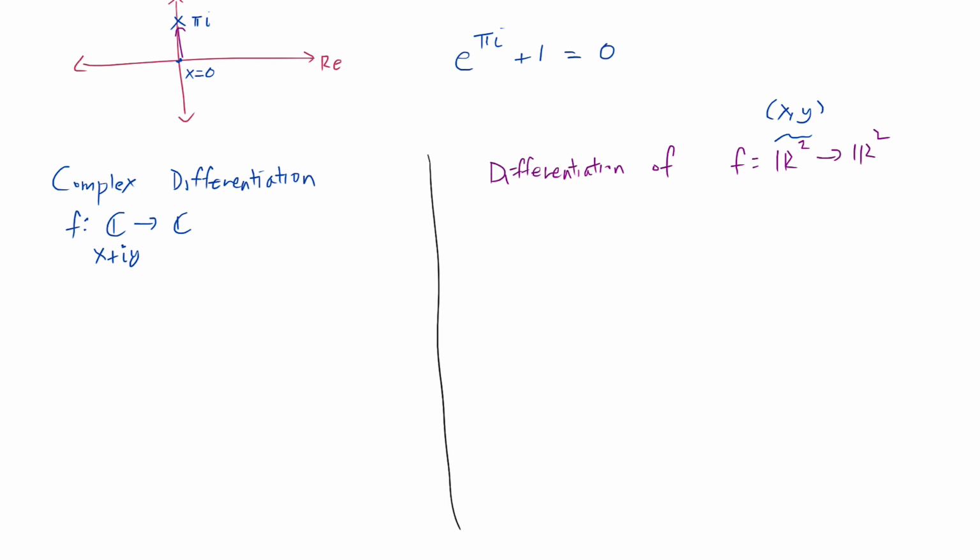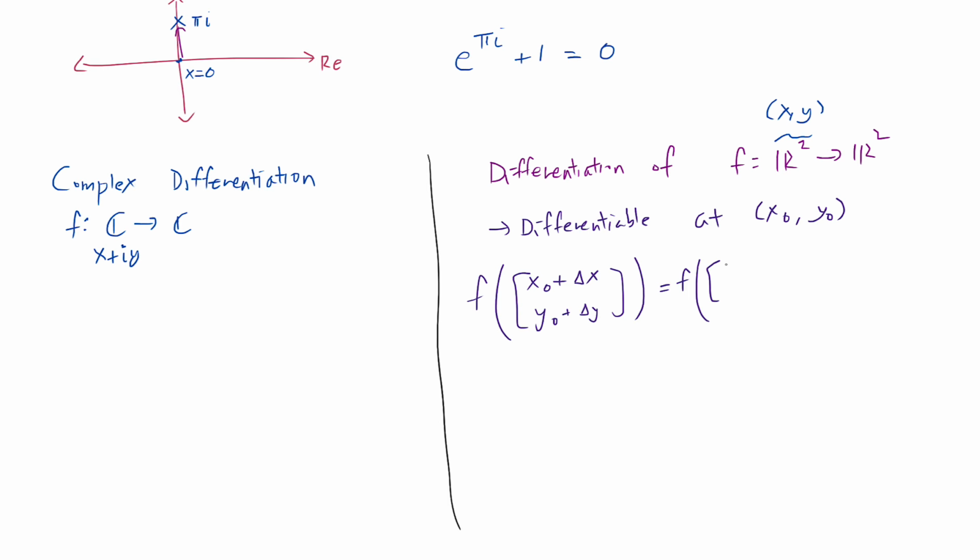To be more precise, to be differentiable at some x naught comma y naught, this really means that if I look at f evaluated at the vector x naught plus delta x and y naught plus delta y, then this is f evaluated at x naught y naught plus the derivative, where the derivative is just some linear transformation to which you're plugging in delta x and delta y.